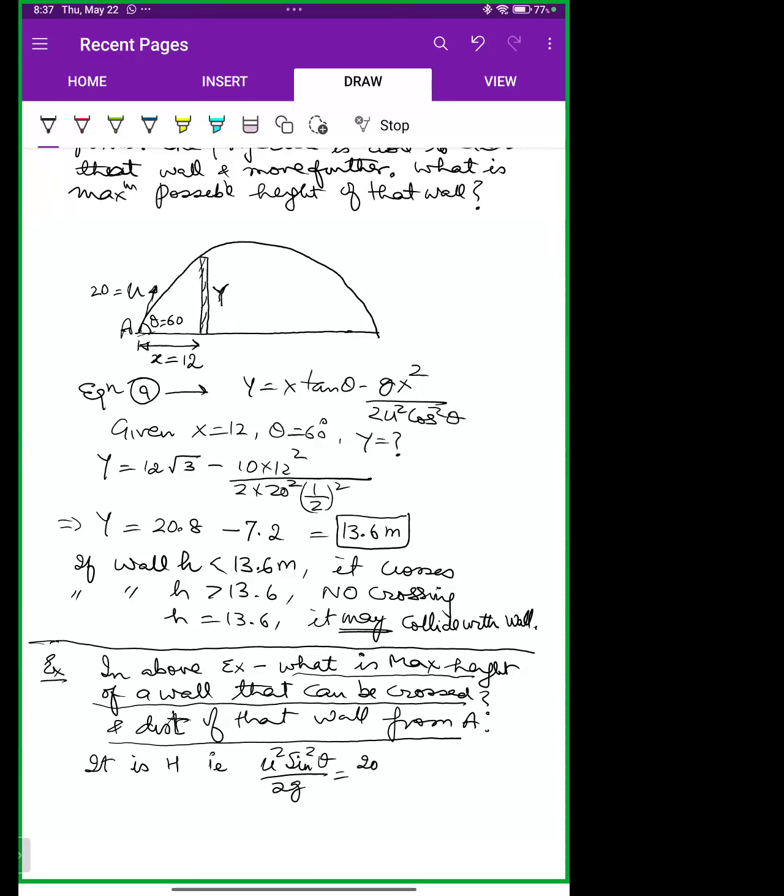Okay, 20 square into sine square theta, root 3 by 2 whole square upon 20. So 120 is gone. 20 into 3 by 4. Okay.